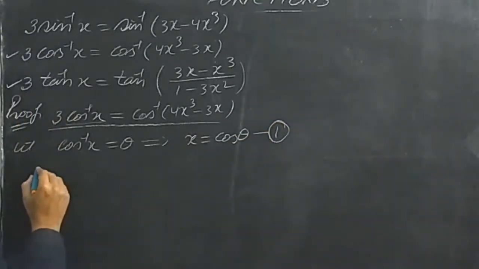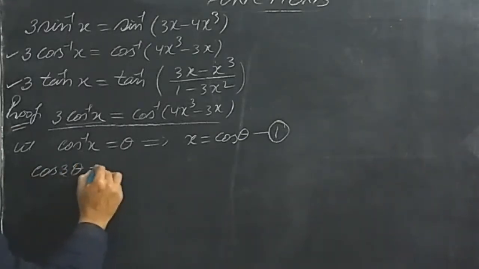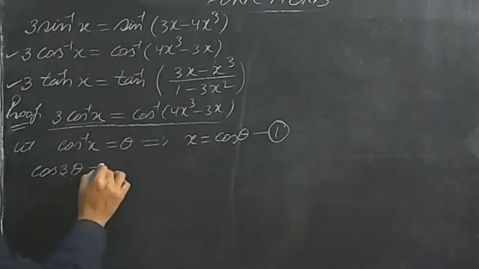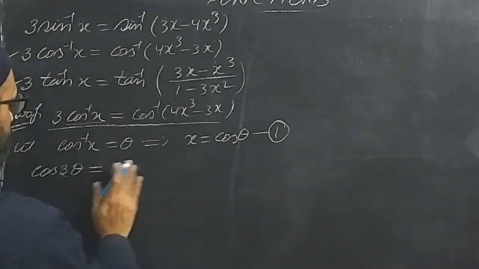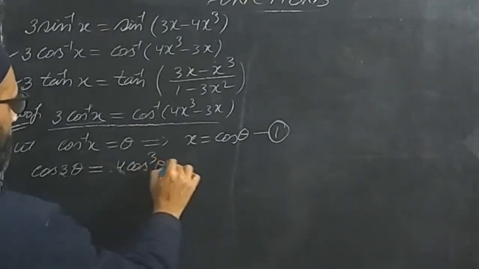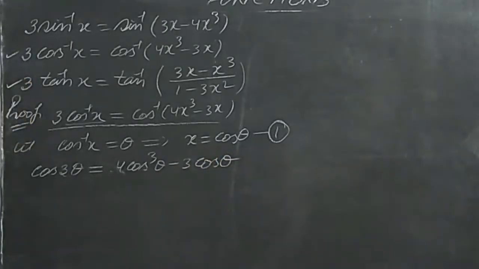Then we will write the formula of cos 3 theta of circular trigonometric functions, as we have done this portion in the previous class. So cos 3 theta is equal to 4 cos cube theta minus 3 cos theta.